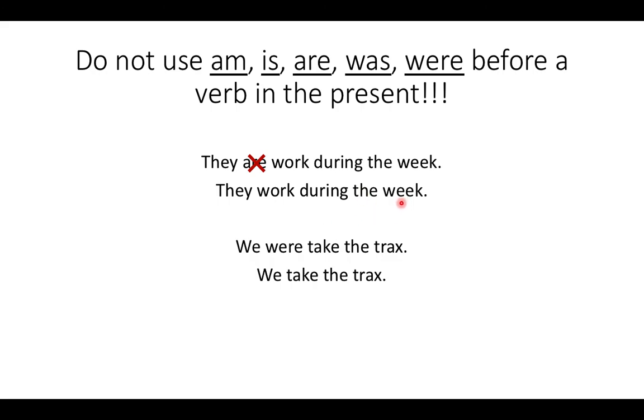So the pattern is, it's just who you're talking about and what they are doing, and that's all you need. You don't need to put an are. The only reason you would put anything between here is if you're saying do not or does not. That's the only time you're going to put them between these two words.